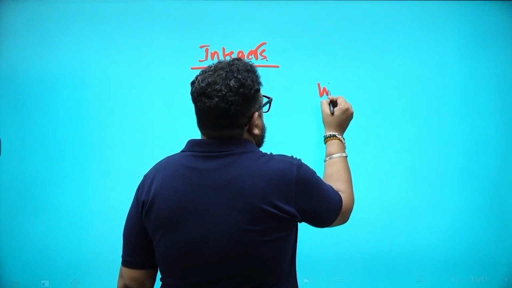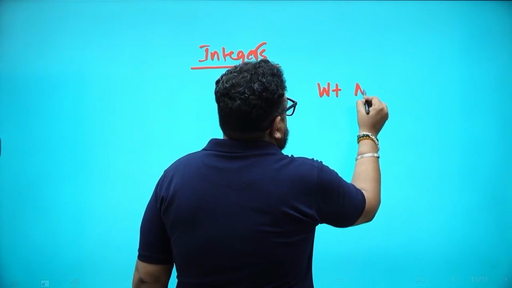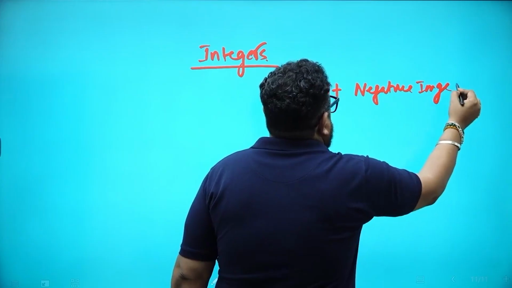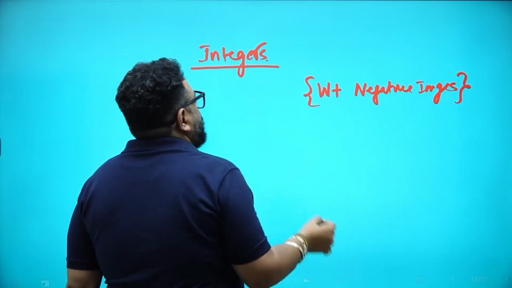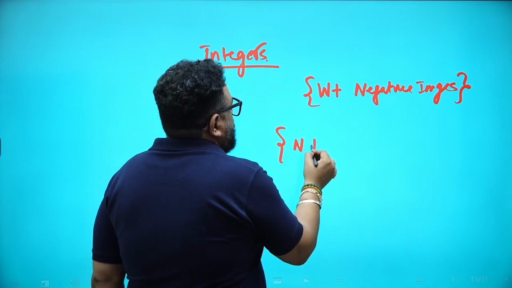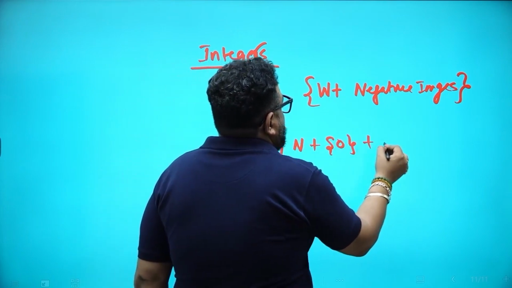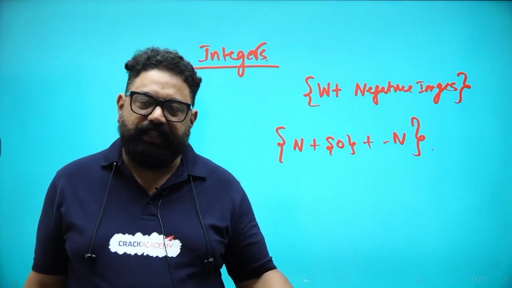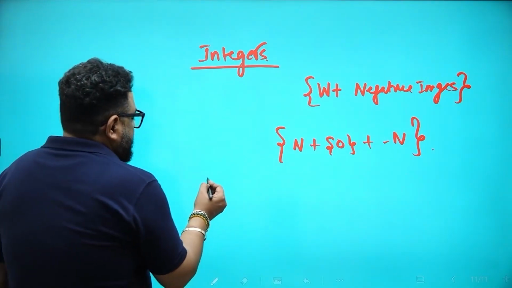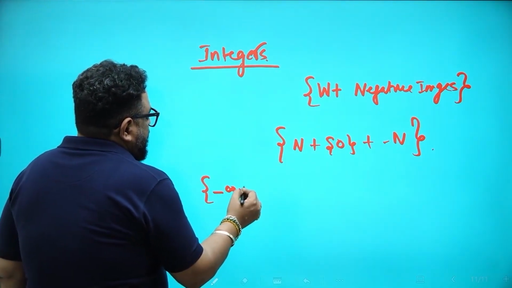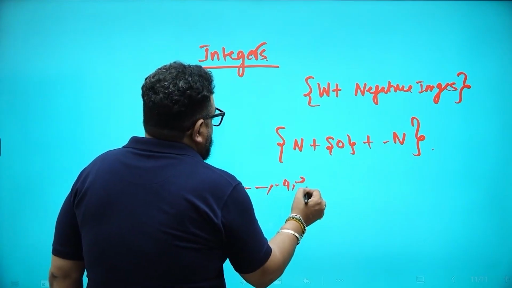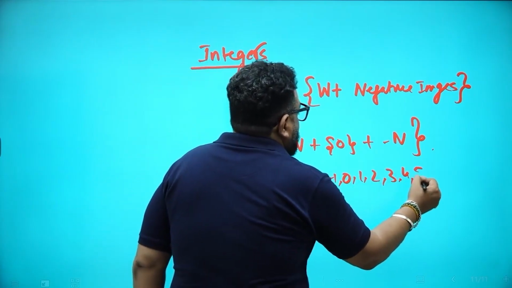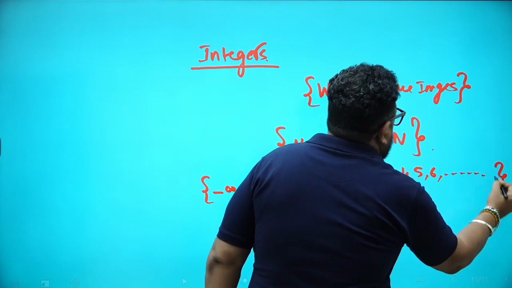Whole numbers plus negative images are your integers. The best way: natural numbers plus element 0 plus negative images of natural numbers come out to be integers. For example, the set of integers in curly brackets: minus infinity to minus 4, minus 3, minus 2, minus 1, 0, 1, 2, 3, 4, 5, 6, and so on till infinity.